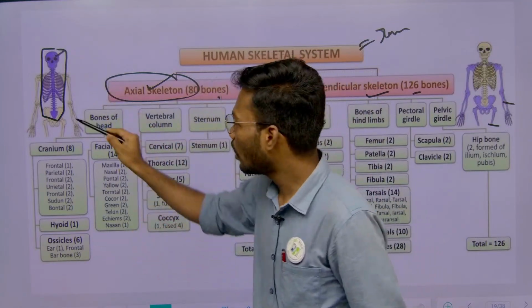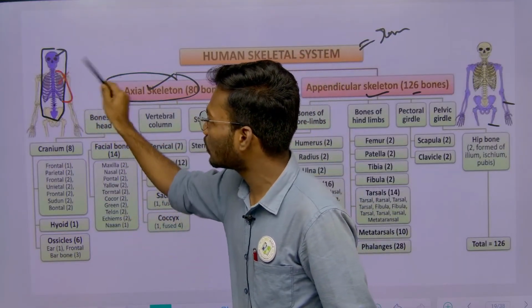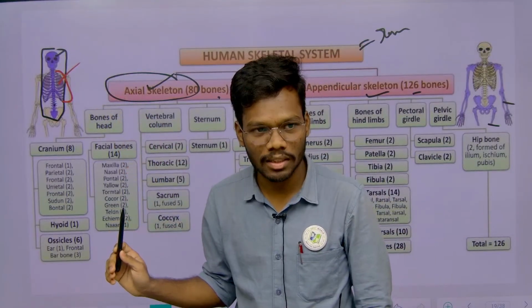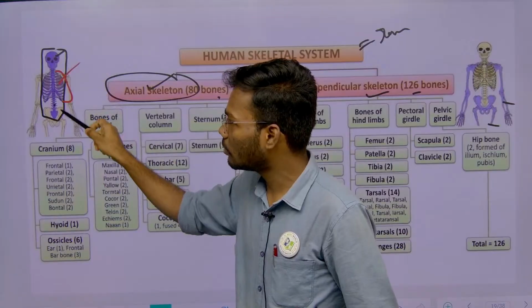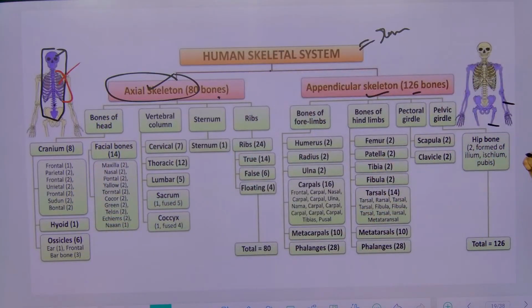Skull, vertebrae, all the backside vertebrae, and this thoracic rib cage, right? So all these things are what? Axial skeleton. We have to see what the bones are, how many bones are there, and this appendicular skeleton is present in the hands and legs, right? So we'll see all these things.